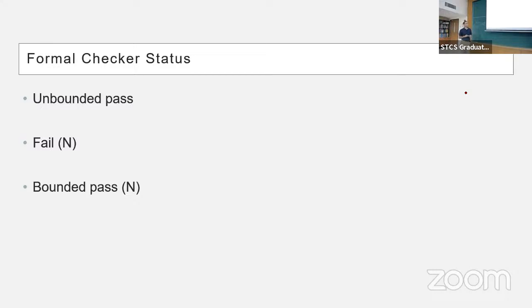I think there are some university tools also available for people to use, but I haven't tried those. As far as I know, they require their own specific language. You cannot use them with the commonly used industry languages like Verilog.